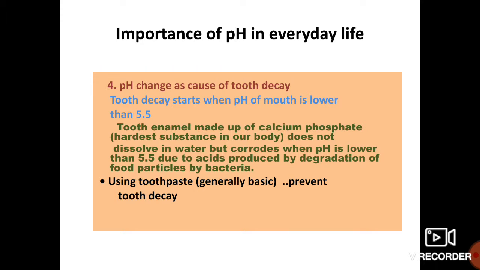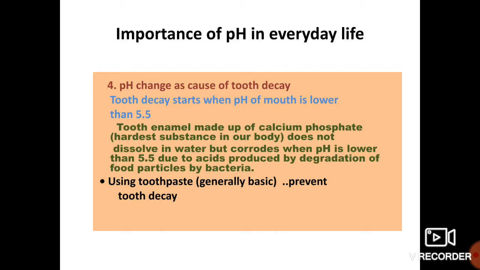pH range as a cause of tooth decay. Tooth decay starts when pH of the mouth is lower than 5.5. Tooth enamel, made up of calcium phosphate, is the hardest substance in our body. It does not dissolve in water but corrodes at pH lower than 5.5, due to acids produced by degradation of food particles by bacteria inside our mouth.